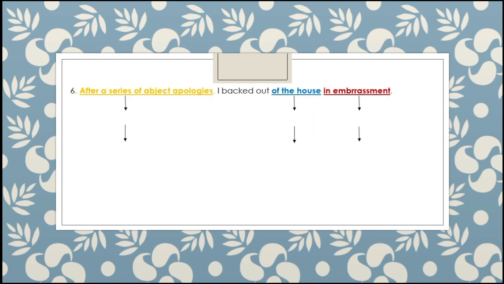And the last one is after a series of object apologize, I backed out of the house in embarrassment. After a series of object apologize is adverbial. Of the house is object of preposition, and in embarrassment is adverbial.